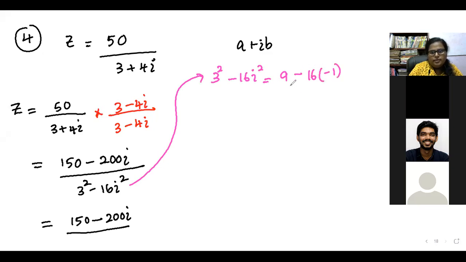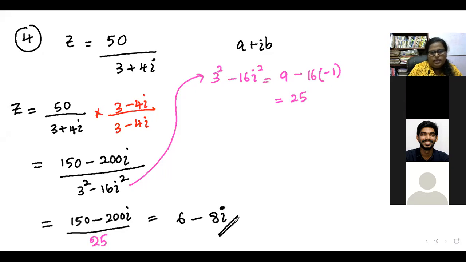So we can simplify this one as 25, right? So we can go for the result for this one as 150 divided by 25 is 6, minus 8i.